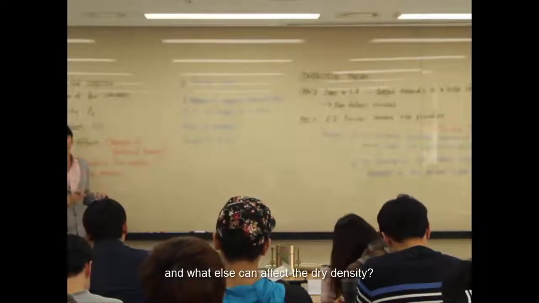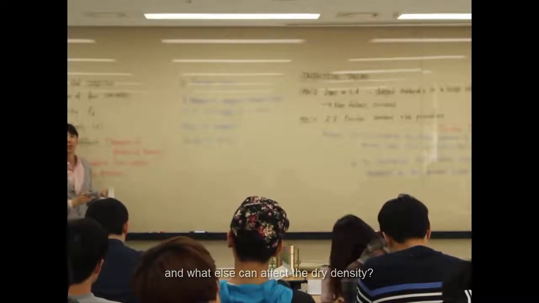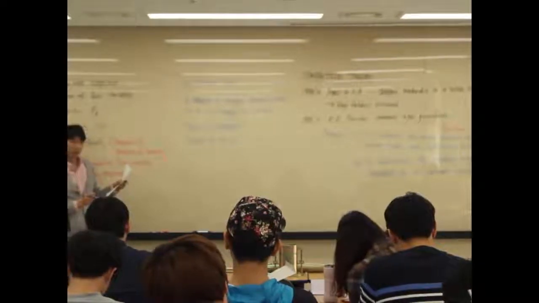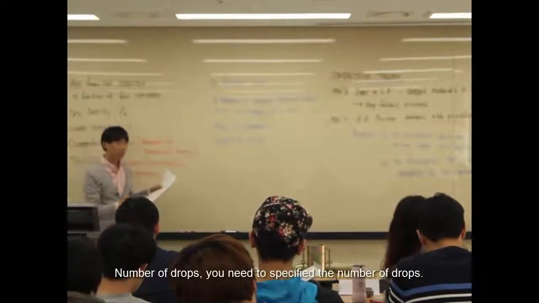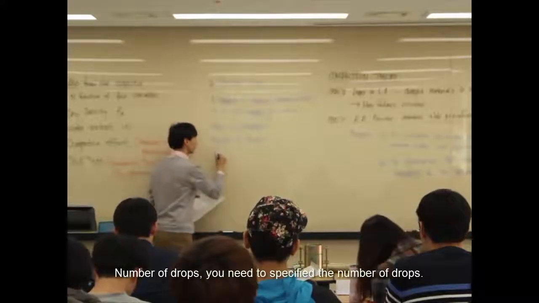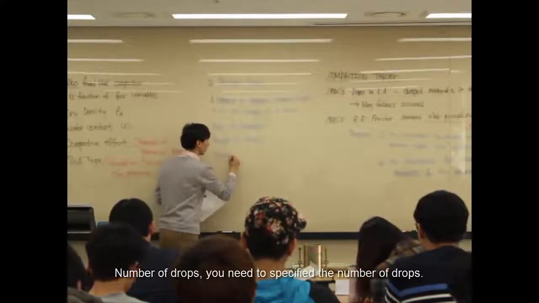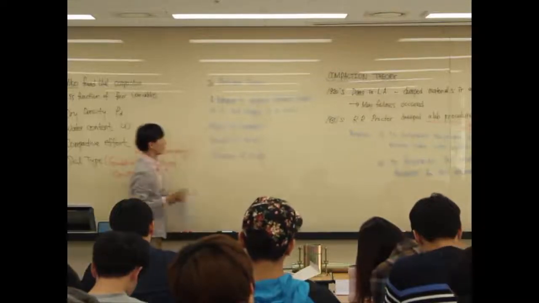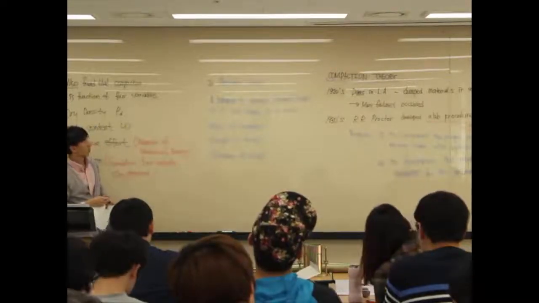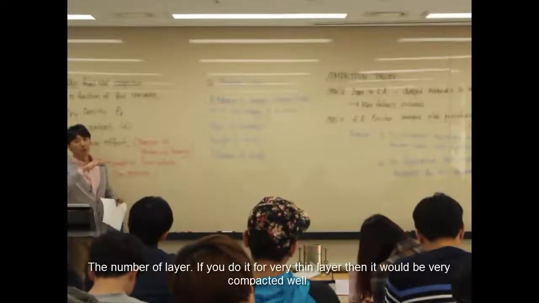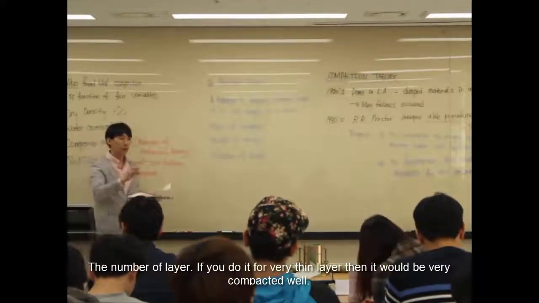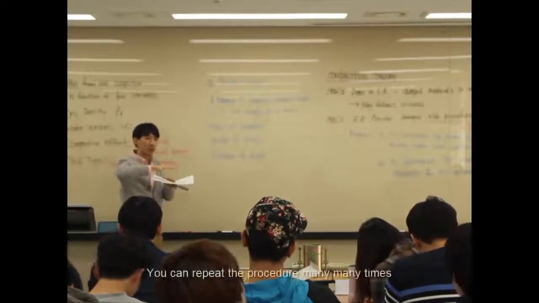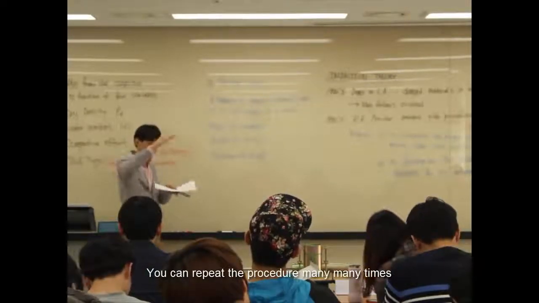What else can affect the dry density? The number of drops. We need to specify the number of drops. And what else? The number of layers. If you do it for a very thin layer, it will be compacted very well, so you can repeat the procedure many, many times.